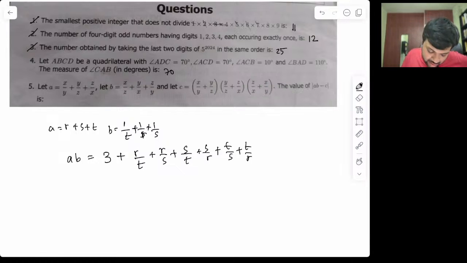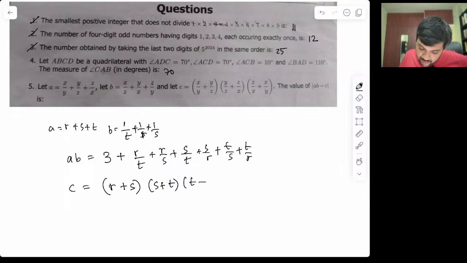And this c here is essentially x by y, which is r, into s, plus y by z, which is s, into t, plus z by x, which is t, into r. Okay, and rst is 1. Remember, x by y into y by z into z by x is 1. So I guess that's the reason. Maybe writing r by t makes it trickier.